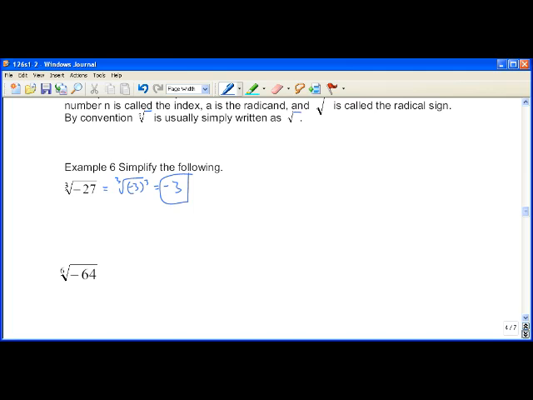What about the sixth root of negative 64? It'd be positive because 6 is an even number. It would if we were raising to the power of 6, but we're not. We're just trying to take the sixth root, which is an even index, and we're not allowed to do that. And so this is not a real number.